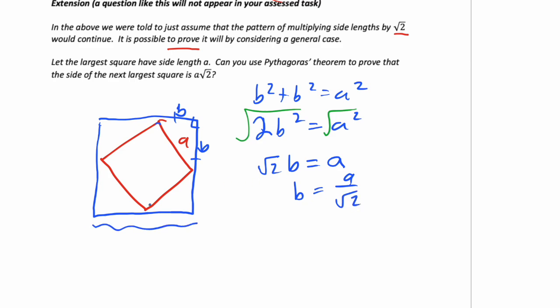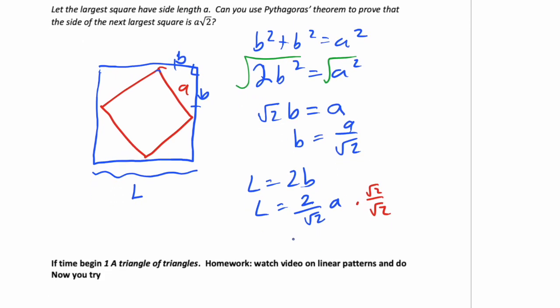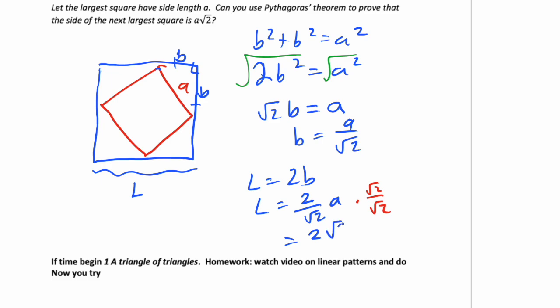The length of the new square, let's call it L. L equals 2b, which is 2 over root 2 times a. And that doesn't quite look like our rule from before, but we can simply multiply the numerator and denominator by root 2 over root 2. And what we get is 2 root 2 over 2 times a, which is a root 2. So this proves that when you make a new square, you always get a root 2.